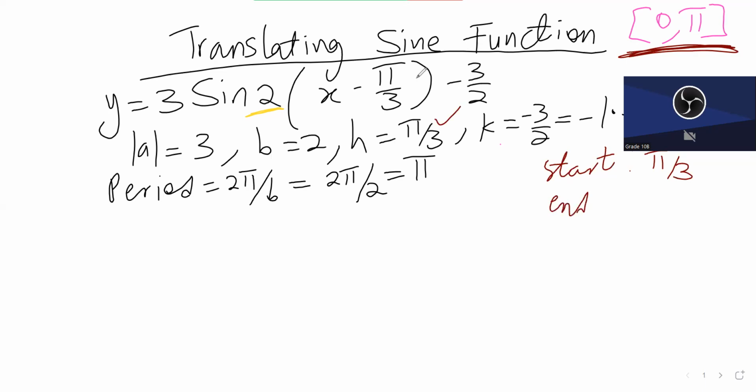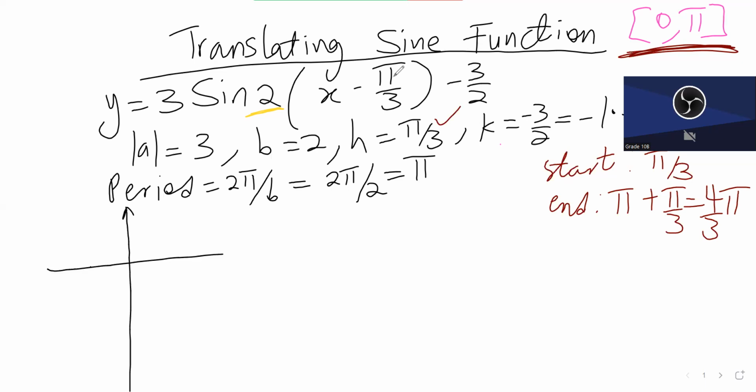The end is just take the period and add the starting point to it, which will give you 4 over 3 pi. So this becomes your end. That is your start and your finish for the graph.